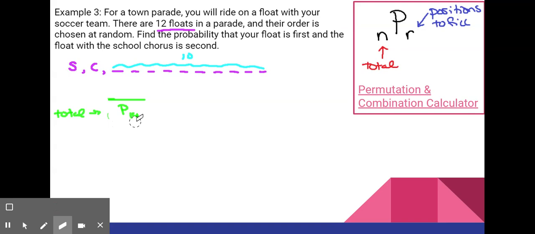So let's fix that. I'm sorry, 12 floats, 12 ways. And we then have 10 floats left, 10 ways. And then you would put that in your calculator and you are going to end up with some very large numbers. Okay, so let me do that real quick because I don't have them in front of me right now.